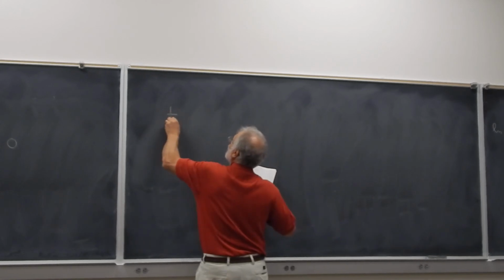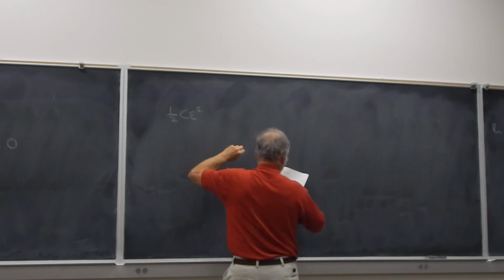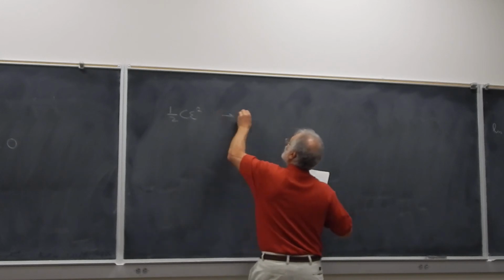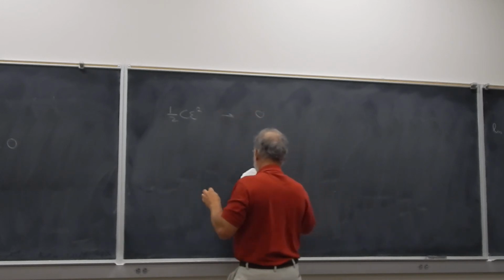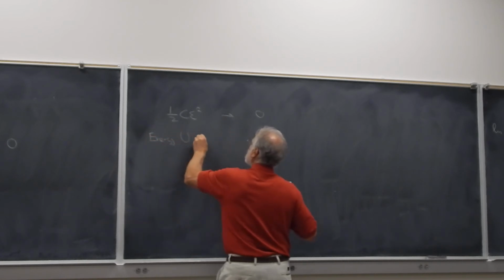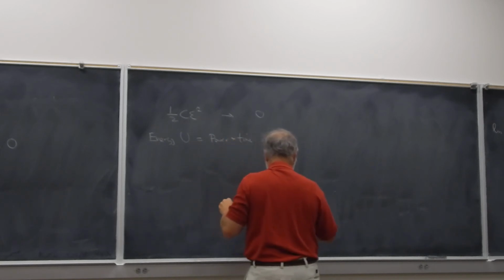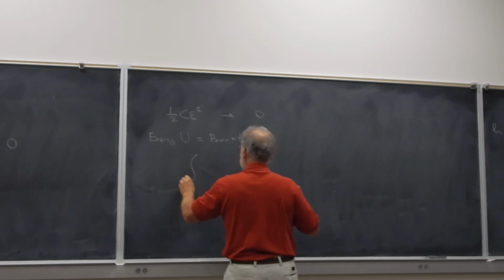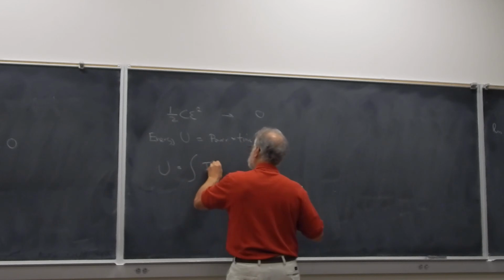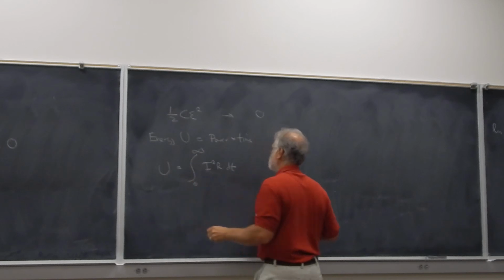So at the beginning, we have an expression for the energy that looks like this. And at the end, we will end up with, of course, 0. I can write energy as power times time. And so I can write my energy as the integral of I squared R dt from 0 to infinity.